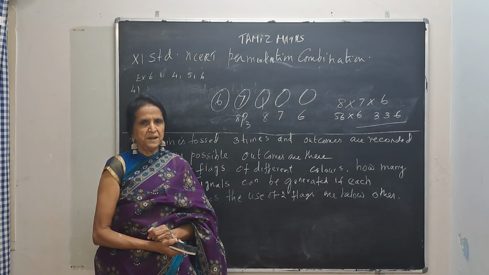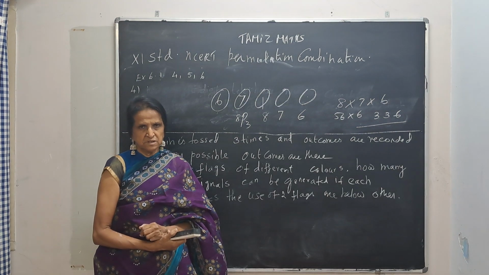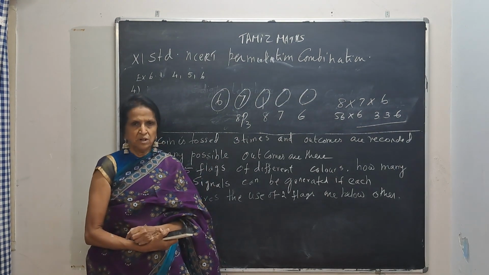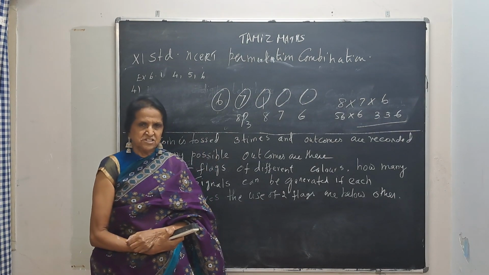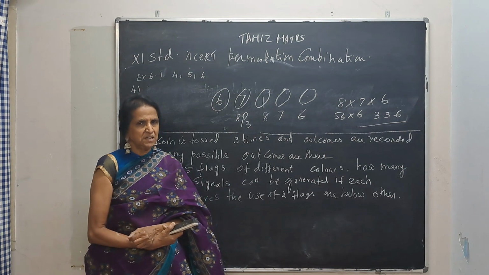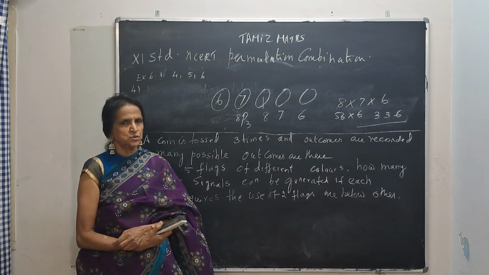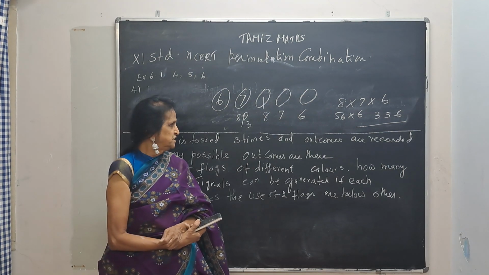So the last 3 places can be filled by 8 numbers because 6, 7 will be left out. And 0 also can come there because it's not the first place. When it is the first place, 0 does make a little trouble, and we will think and remove the trouble when we come to such questions. So it's 8P3, which is 8 into 7 into 6.